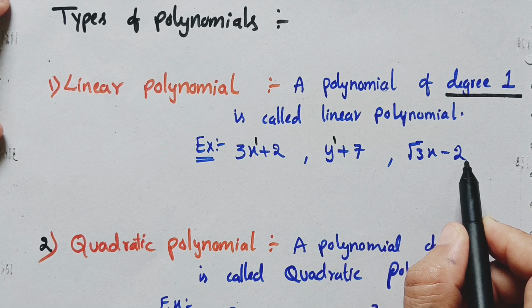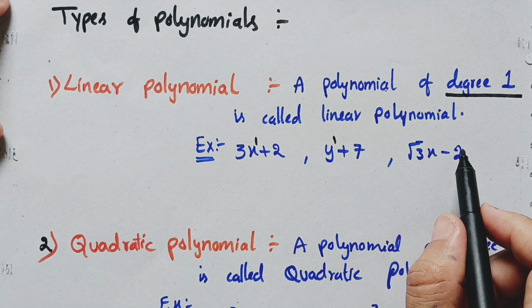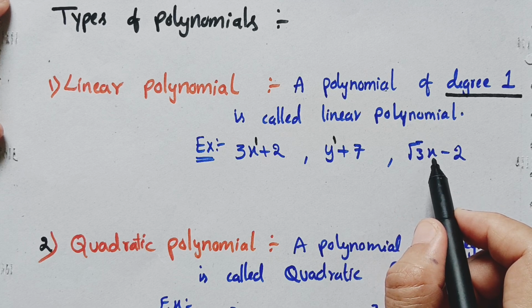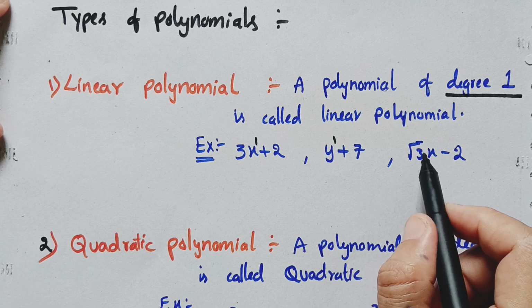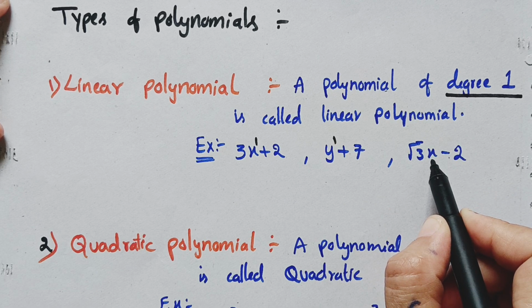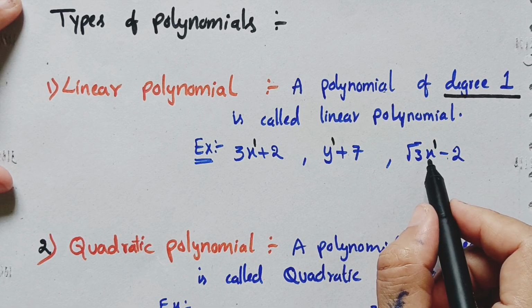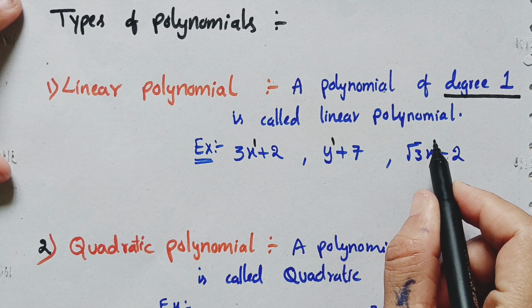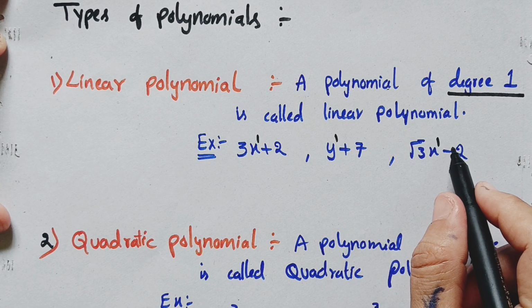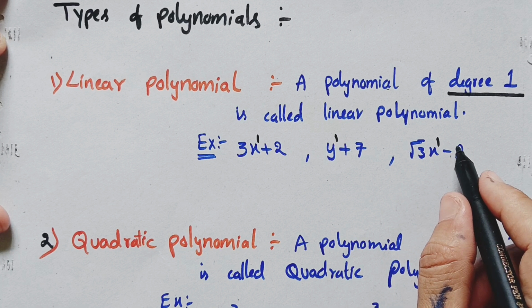Which is root 3x minus 2. Okay, this is also a linear polynomial. Here root 3 is the coefficient, but x is the variable. So for the x we have power 1. So this is a linear polynomial of degree 1. Why? Because to the x we have power 1. So this is the example. So this is a linear polynomial.